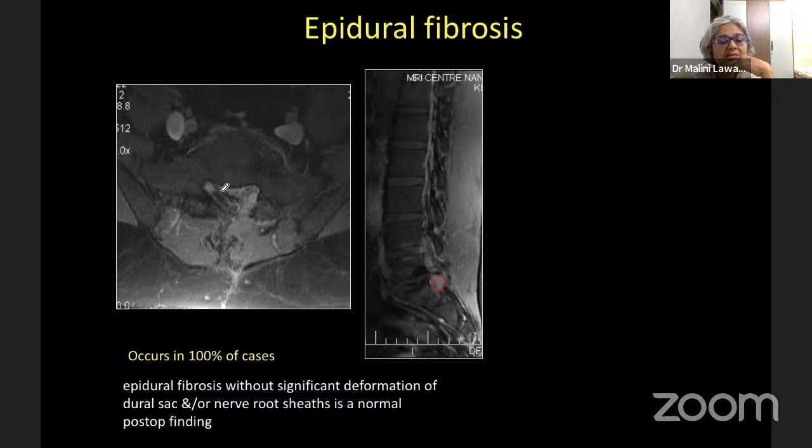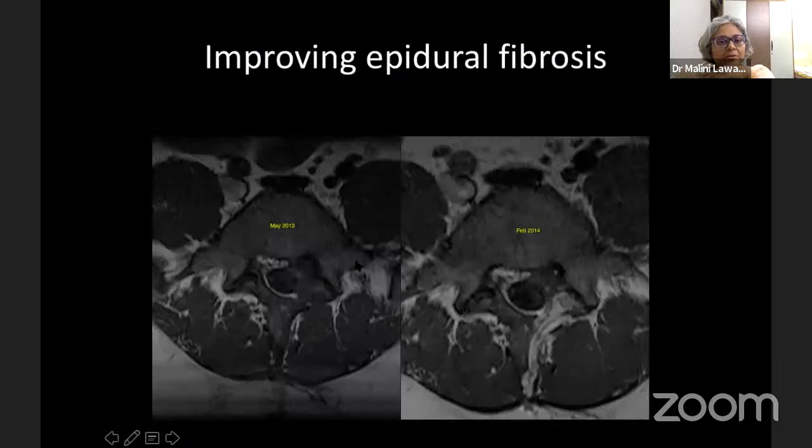Initially, there is granulation tissue, which over a few months becomes epidural fibrosis. So here's an example. These are the early images, say May 2013, when the scan was done. And you can see how you have a lot of soft tissue here around the nerve root. And this is about a year later, and you can see that this soft tissue has now significantly decreased. So the epidural fibrosis retracts.